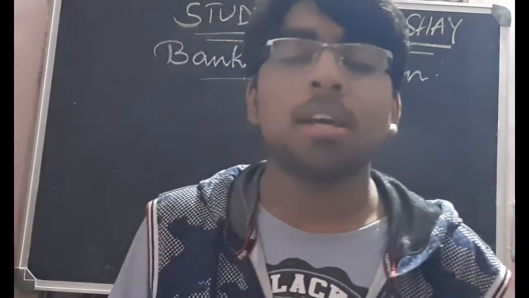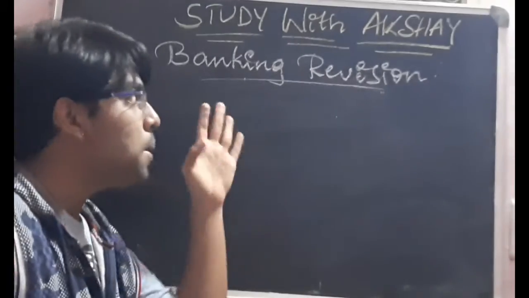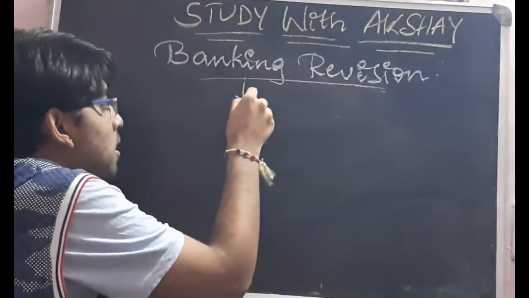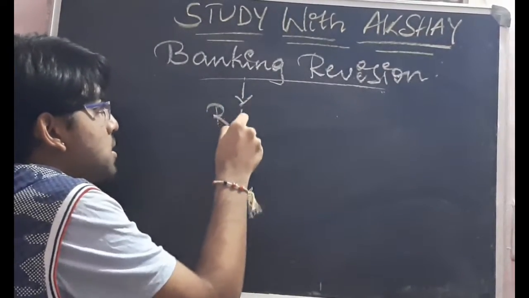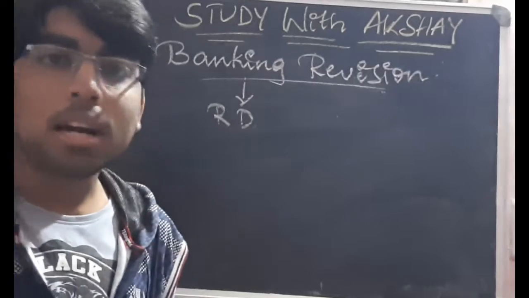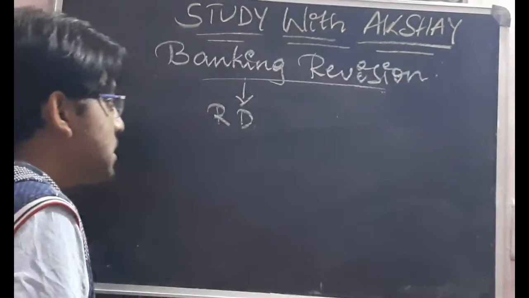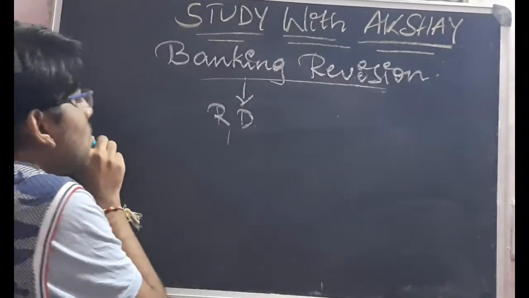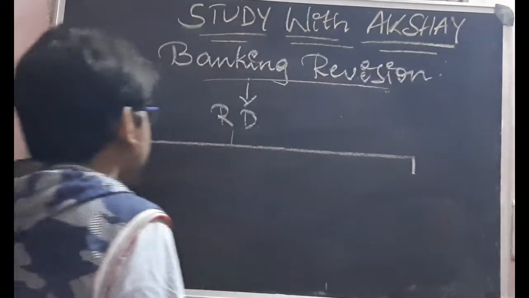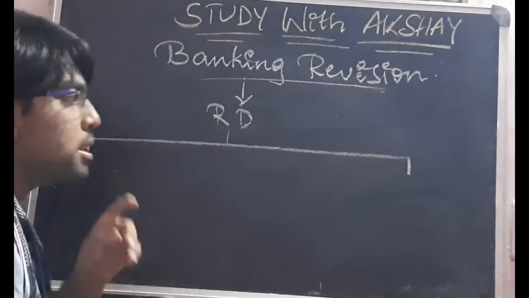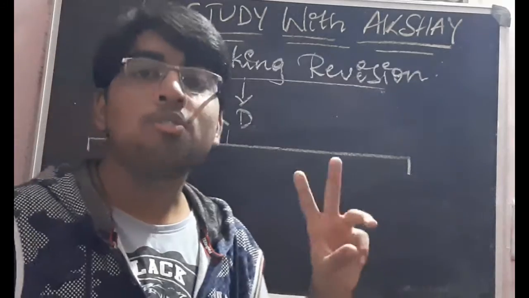Let's get started. So basically we studied the banking chapter. In banking we studied recurring deposit, which is also known as RD accounts, right? RD accounts have two phases, and problems are also solved using these two phases.